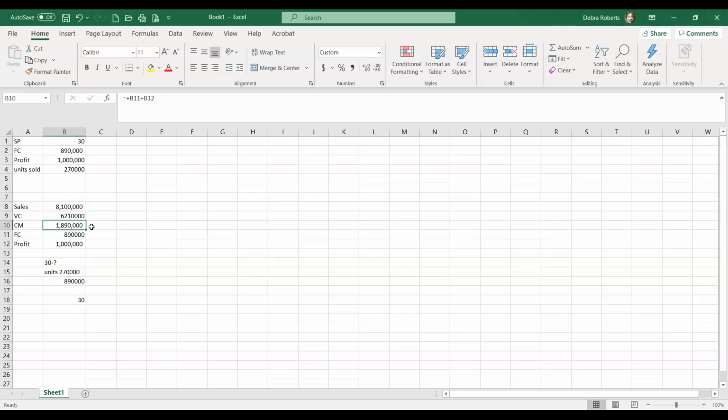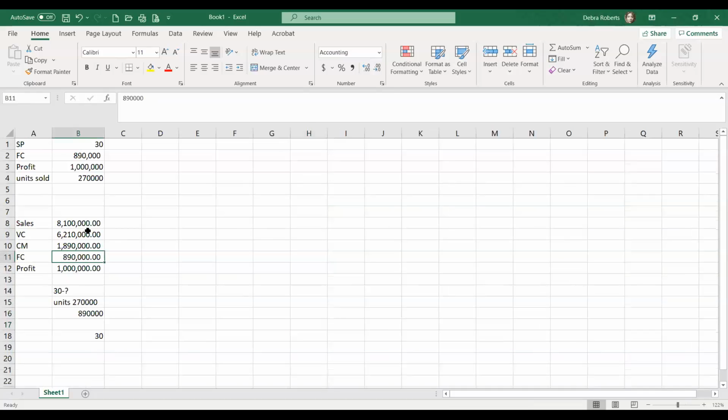Now I'm going to make these look like dollars because it's easy to follow. There we go. And I'm going to also make this a little bit bigger. So using our formula, our sales of 8.1 million is the multiplication of 270,000 times the $30.